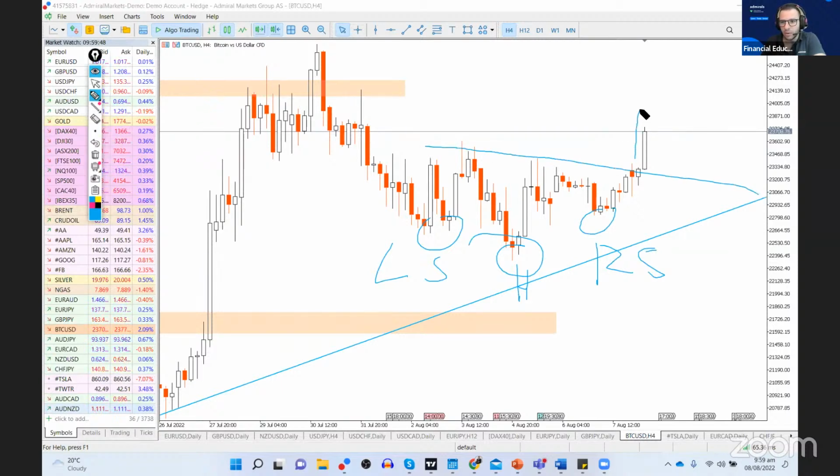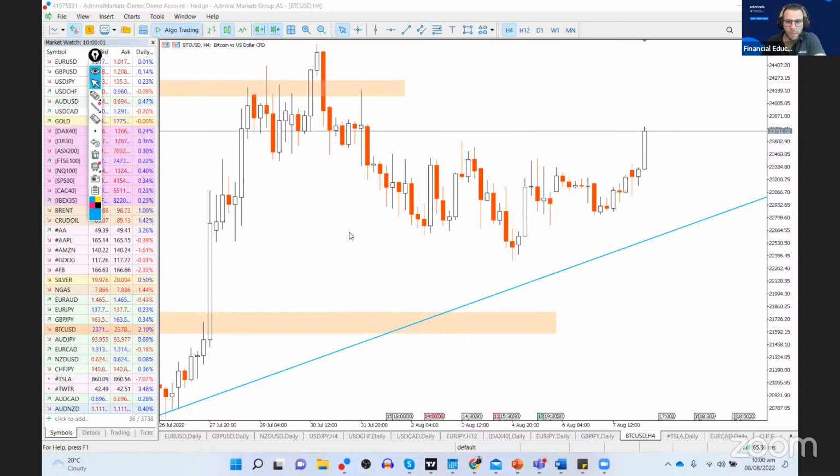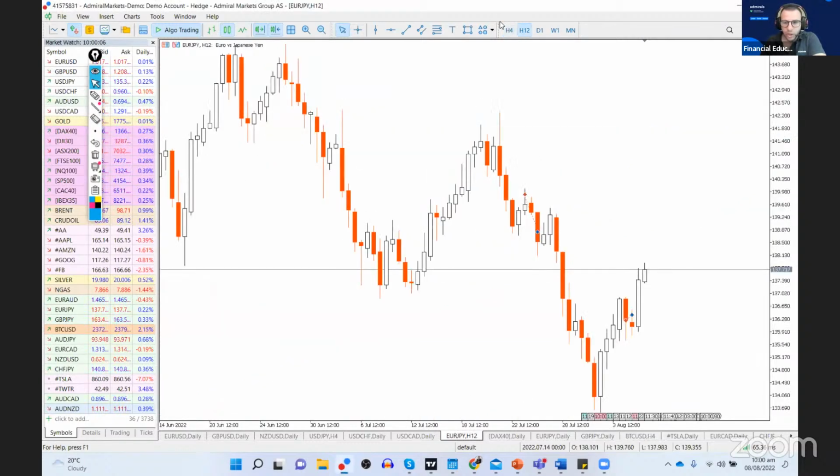We had a break above, so we can see the market pushing to the upside. But we don't know what is going to happen around this area here. So there is a fairly good amount of space for this market.